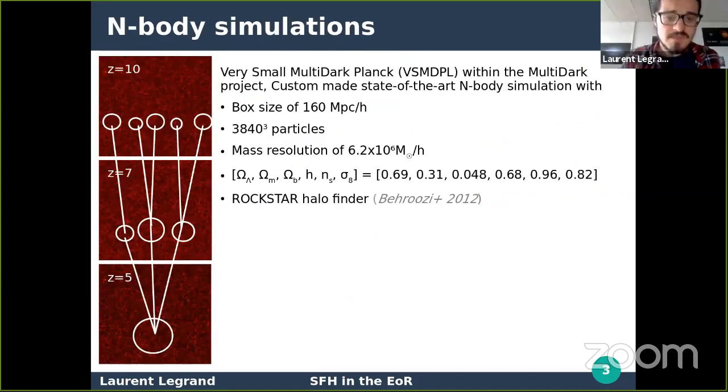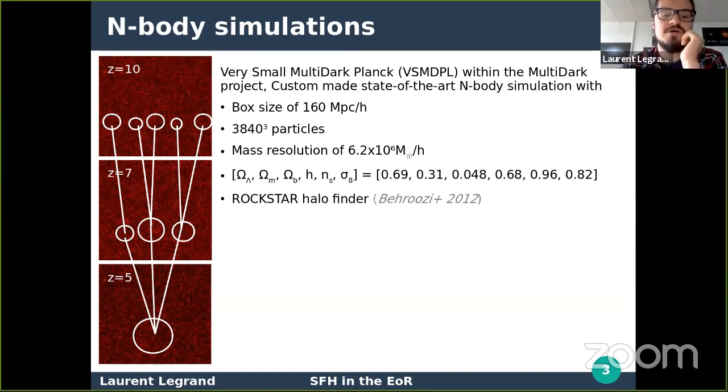So our model starts with an n-body simulation, the Very Small MultiDark Planck within the MultiDark project, which has a box size of 160 h inverse megaparsec, so quite a big box for what we're trying to do here. And we have a mass resolution of 6.2 10^6 h inverse solar masses, which makes it so we can study halos of 6.2 10^8 h inverse solar masses.